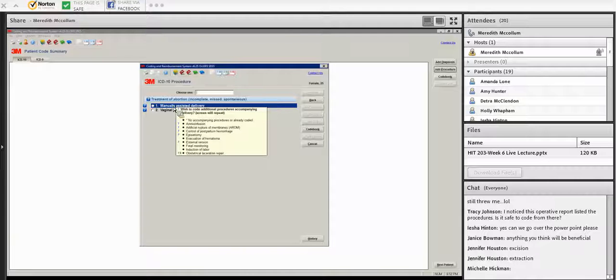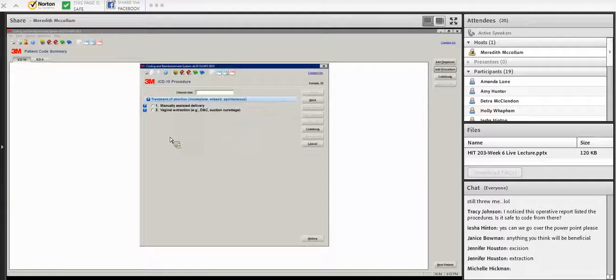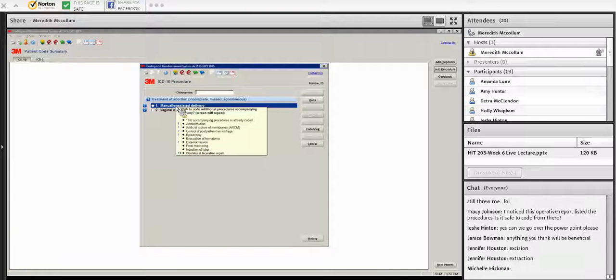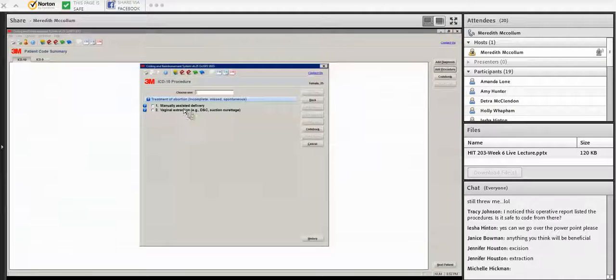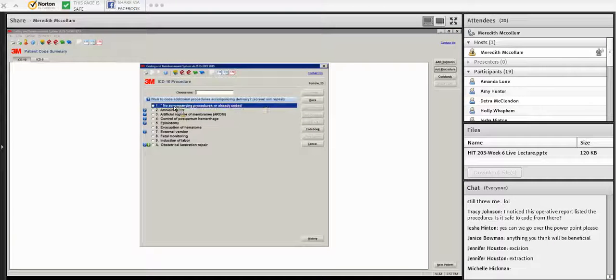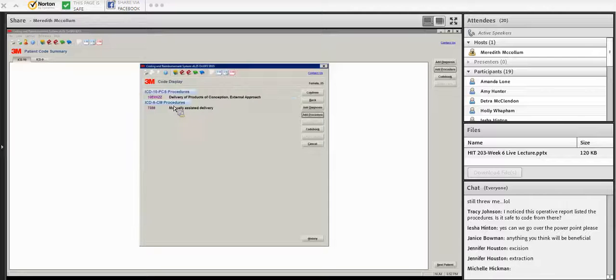Unfortunately, we run into billing problems with this. If they deliver the baby normally, an expulsion means they vaginally deliver it. Spontaneous means vaginally. So they did a manually assisted delivery. There was no accompanying procedure.